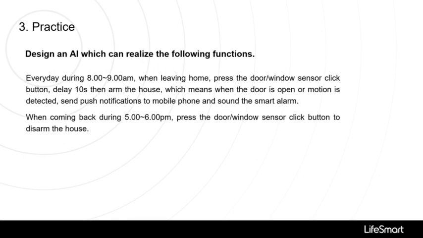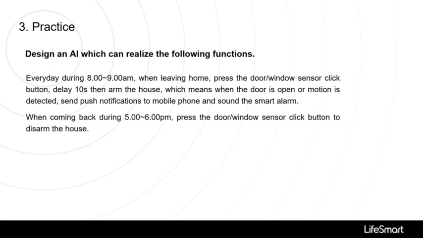So in this case, I'll give some advice. The common thing is, we can still separate this case into two parts. The first is to arm the house, and the second is to disarm the house. These two small cases have a common thing, which is the arm status of the house.